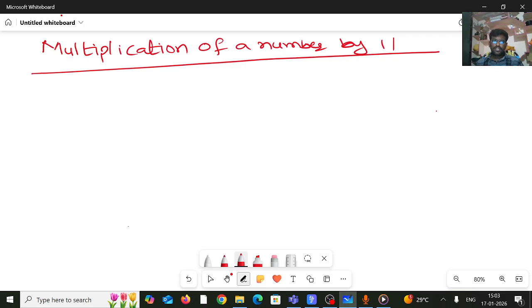Suppose 11 multiplied by 11. 11 multiplied by 11 can be written as 11 square. When you have 11 square, how many digits are there here? 2. Write down 2 and write down 1 on the right side of the 2 and left side of the 2.